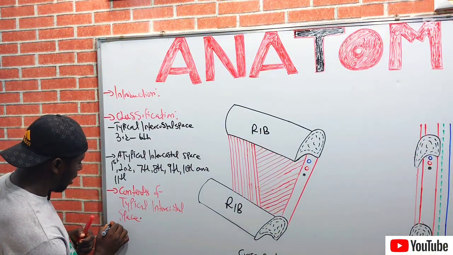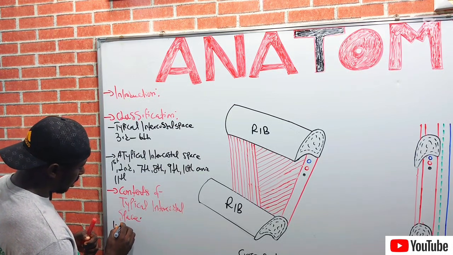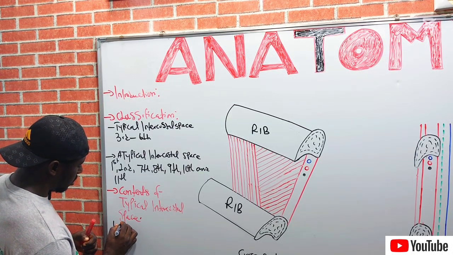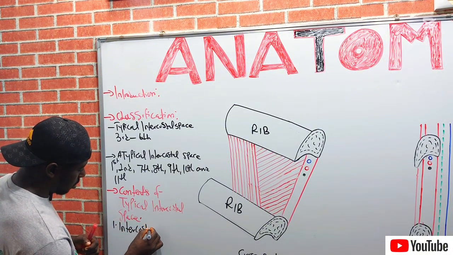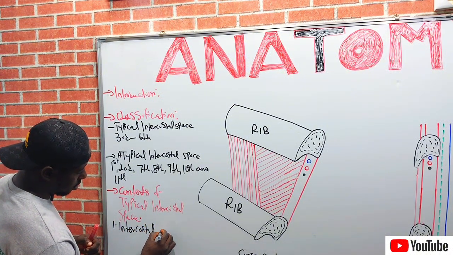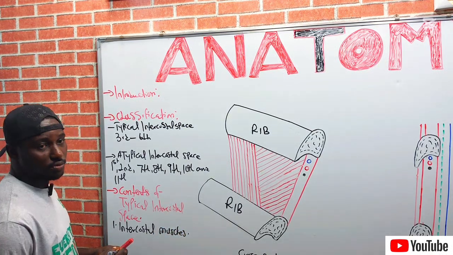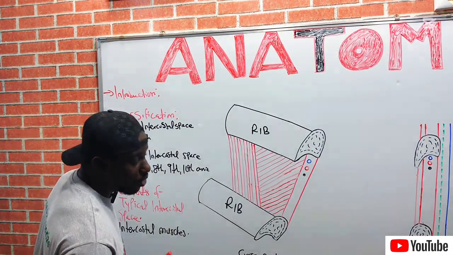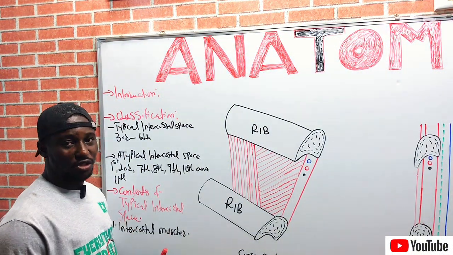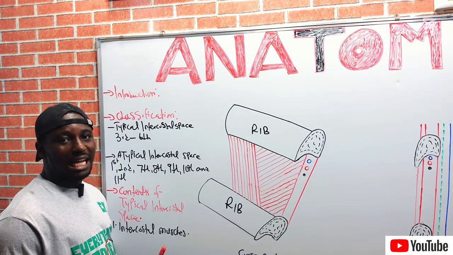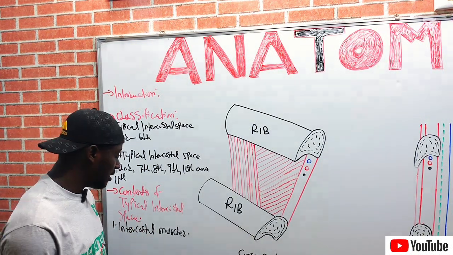We have number one, intercostal muscles. We have three intercostal muscles that are found on the intercostal spaces.